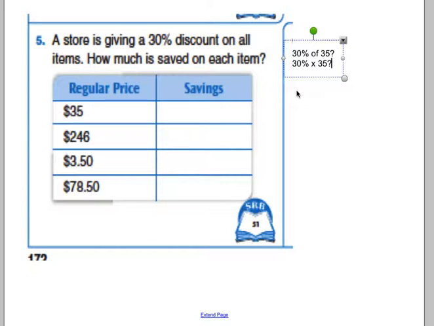Now we don't normally work with percents in this fashion. Before we can solve this problem, we need to change 30% either into a decimal or into a fraction. It really doesn't matter which you do. It's kind of personal preference.